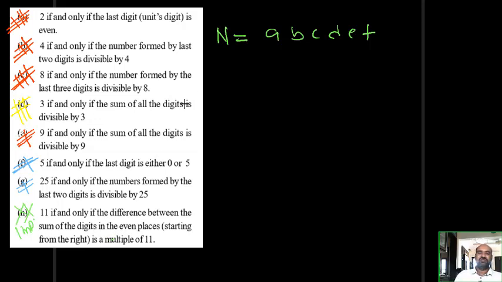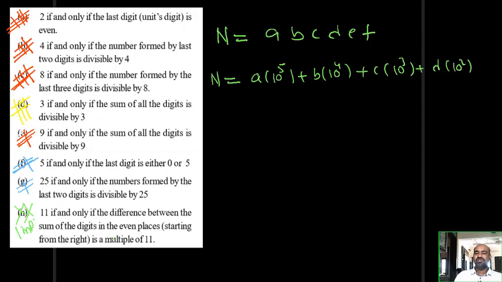Okay. So n can be written as a into 10 power 5 plus b into 10 power 4 plus c into 10 power 3 plus d into 10 power 2 plus e into 10 plus f.